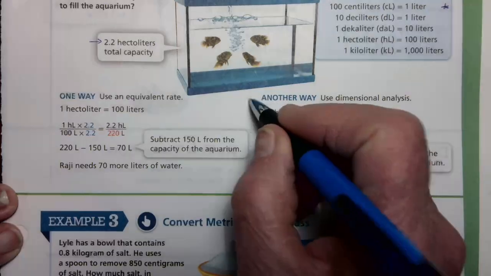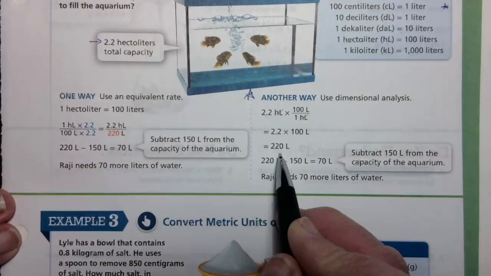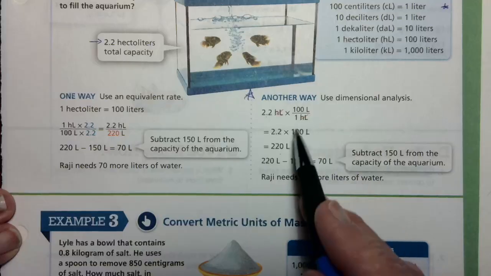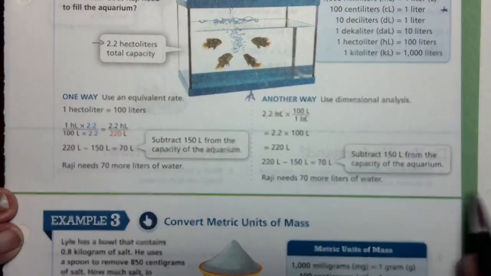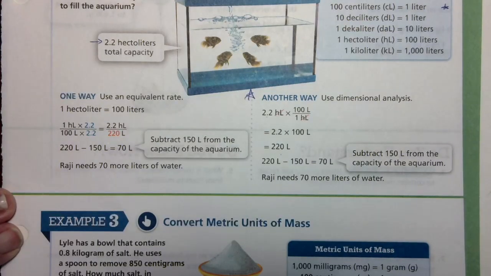I like this way much better. I just think that it looks more straightforward, and I just do it the same way every time, over and over and over. Okay, so that was it with capacity.